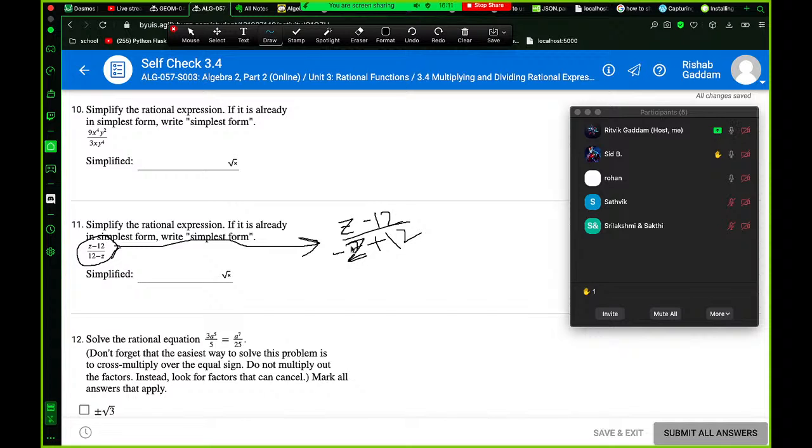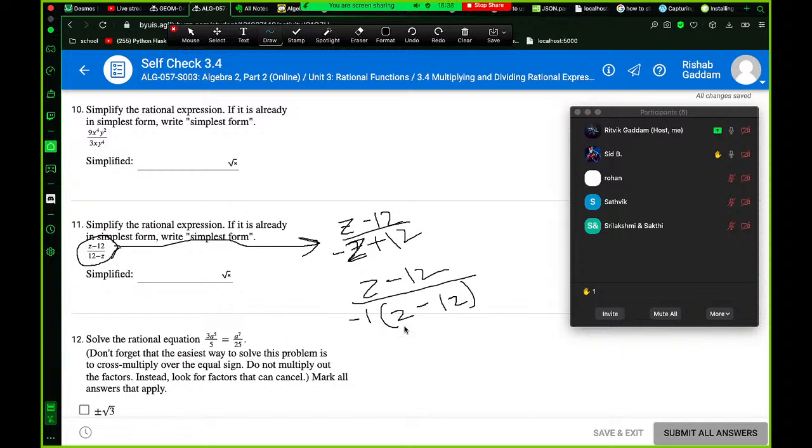Rohan, you were saying something? Yeah. So you can factor out negative 1 because z minus 12 is z minus 12 multiplied by negative 1. Then you just lose it. Okay, yeah. So, Sid, did you catch that? So what he said was z minus 12 over negative 1 times z minus 12.